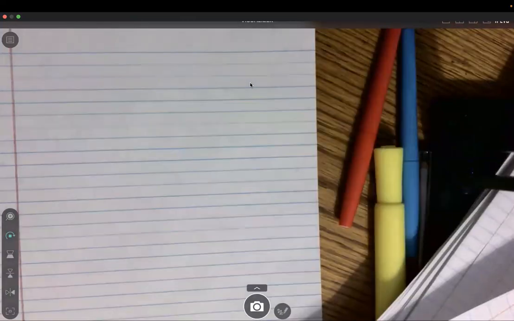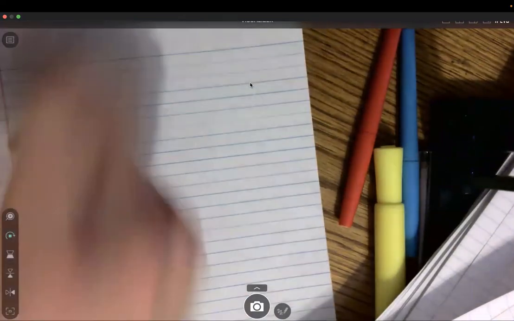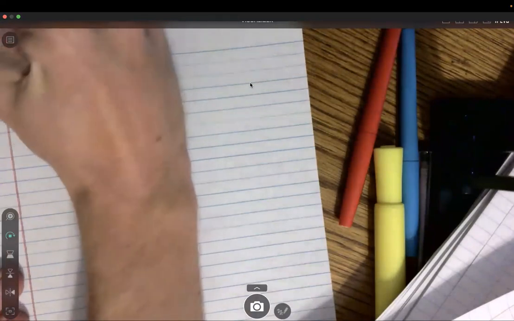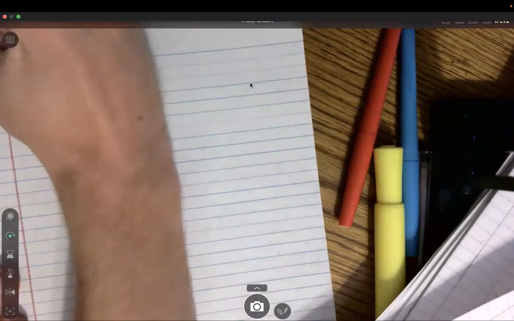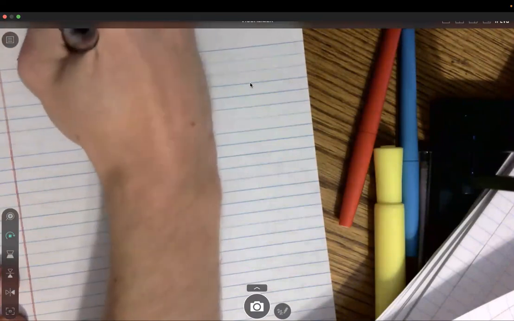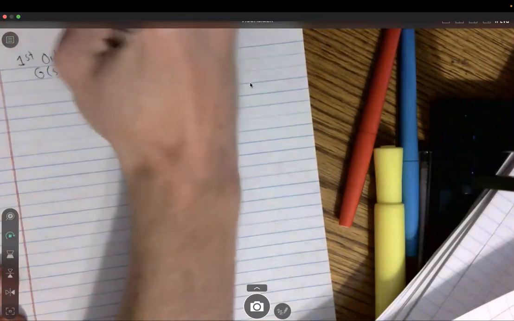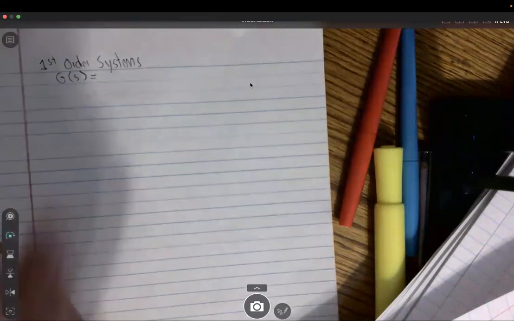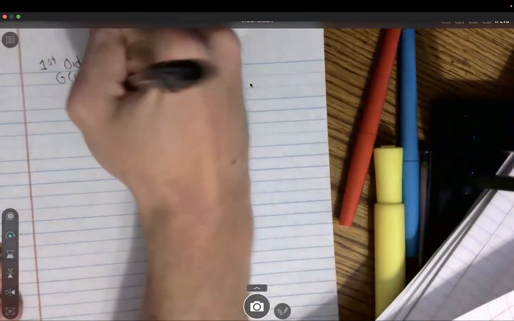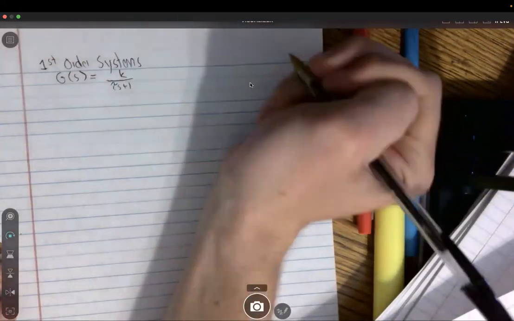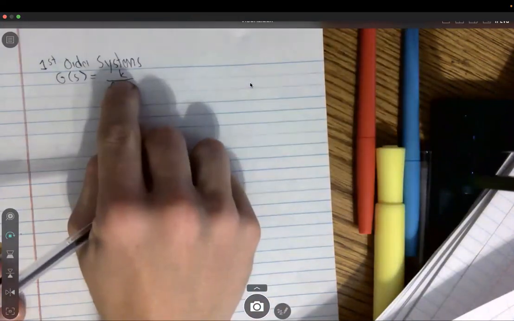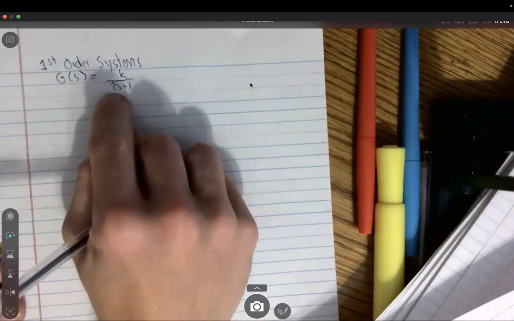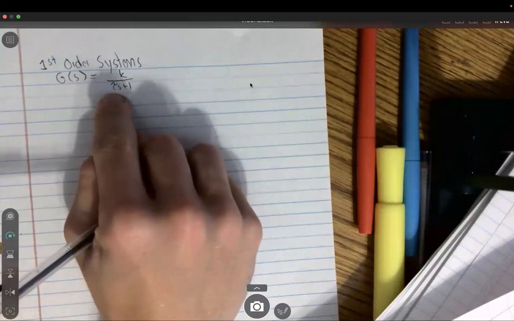So remember for our first order systems that they are written in the following format. G of S is equal to K over tau S plus 1, where K represents the final value and tau is the rise time to get to 63% of the final value.